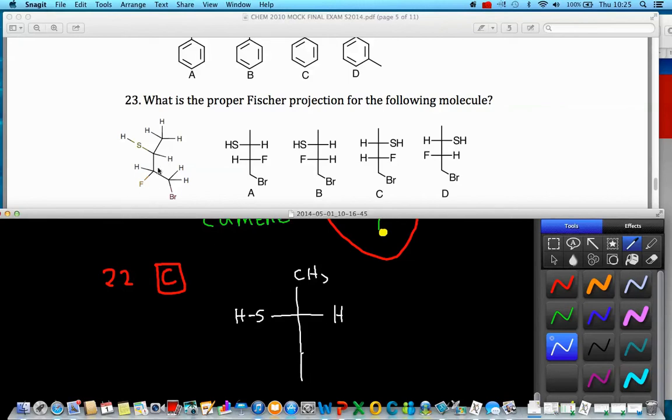Now, we need this bottom carbon to be rotated in, so that we need to continue rotating this to the right, if you will. That means the fluorine is going to come to the right, the hydrogen to the left, and the CH2Br will be down. That is most consistent with answer choice A. So 23, the best answer is A.